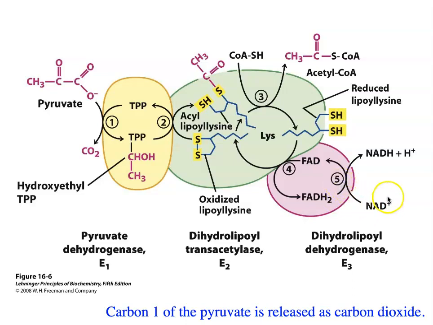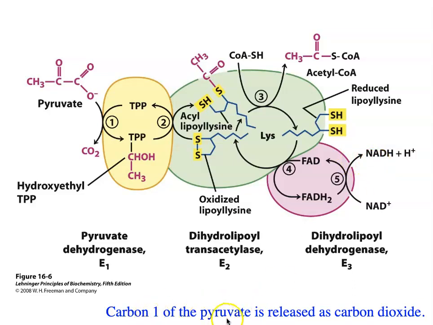In step 5, NAD plus comes in, and the electron pair plus a proton are transferred to NAD plus, forming NADH, and a proton is released. Okay, so what is the net product of this reaction? Carbon dioxide, acetyl-CoA, and a pair of electrons loaded on NADH.